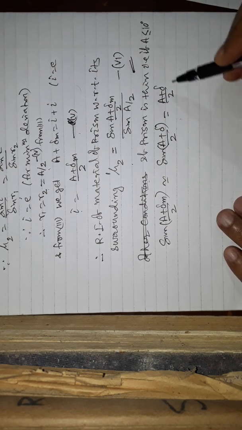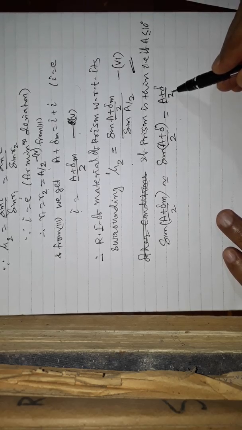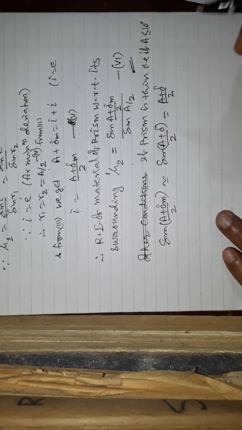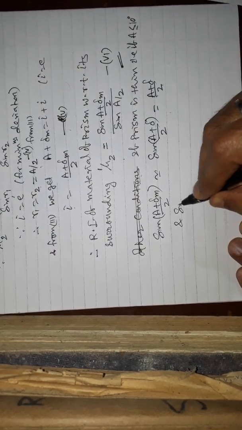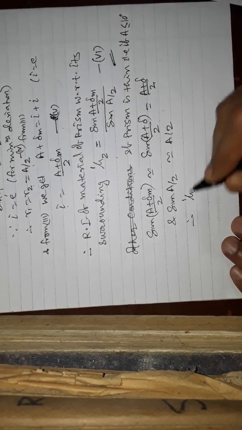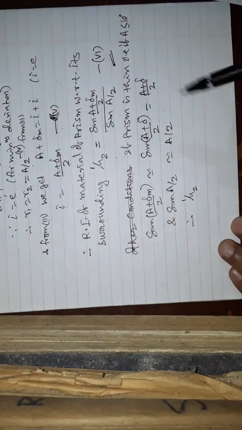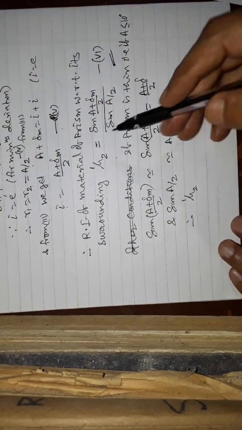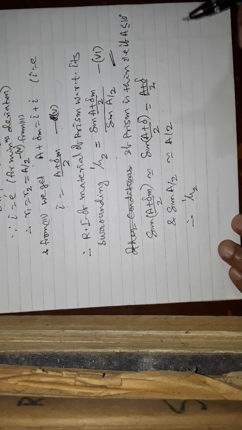So we say sin of A plus delta m by 2 will become A plus delta by 2, because sin theta is theta when theta is very small, and sin A by 2, which is sin R1 or R2, will be approximately A by 2. Therefore this μ(2)1, that is refractive index of material with respect to its surrounding, if it is air, then μ1 will become 1. If it is different, suppose it is immersed in water, μ1 will become the refractive index of water.